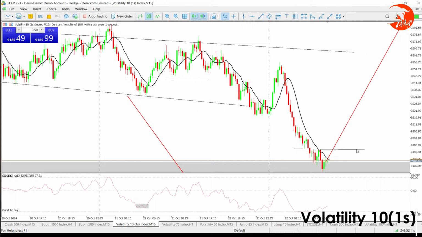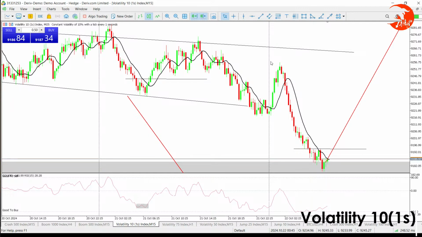So probably around that area when it breaks it on M15. But now we wait for whatever happens there. So that is V10 for us there.